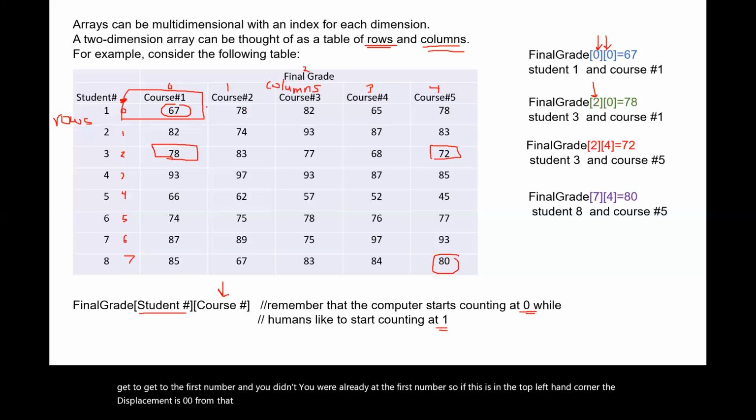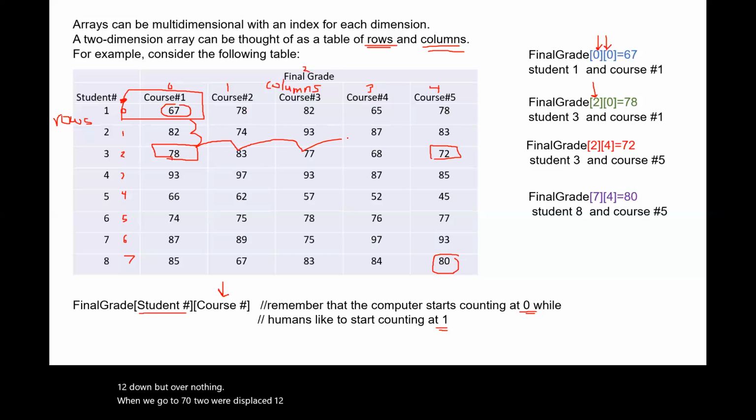And then everything else is displaced from there. So when we go to number 78, it's displaced 1, 2 down, but over nothing. When we go to 72, we're displaced 1, 2 down, and then 1, 2, 3, 4 over. And that's why these numbers are always 1 off compared to the computer and the human being.